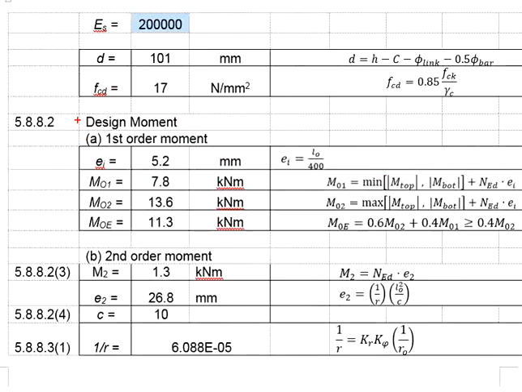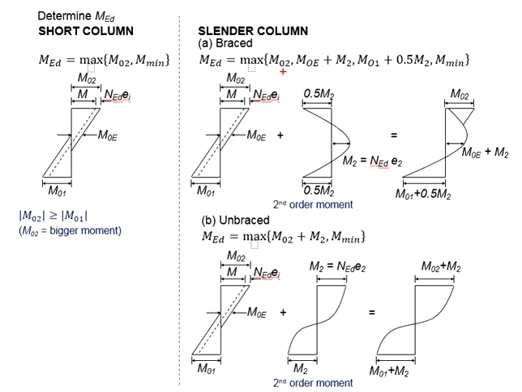Once you have acquired the first order moment, we shall look into the second order moment. From the sketch here, you see the second order moment, M2 here, and these two shall be half of the M2.